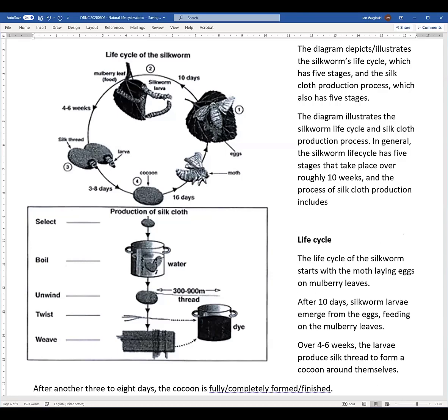Includes 5 steps. 1, 2, 3, 4, 5. It's 6 steps, but okay. Right, because it's selection, boiling, unwinding, twisting, dyeing, and weaving. So I think that's a mistake, right? Includes 6.